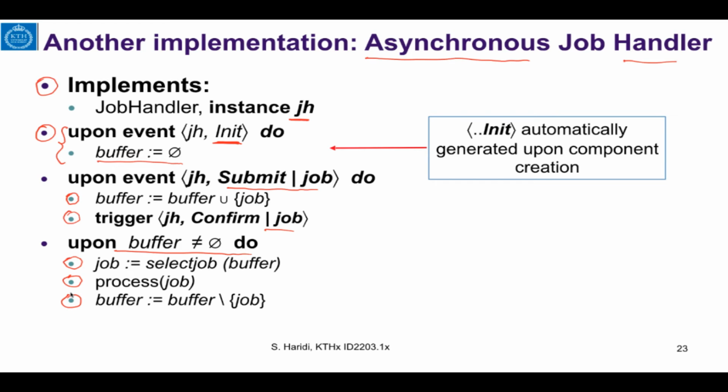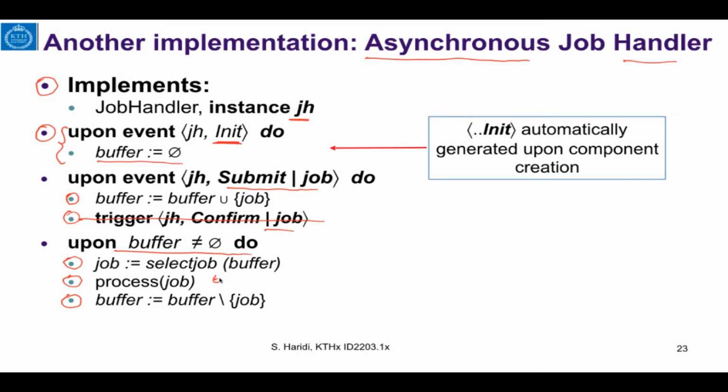So as you can see, this is another implementation. It still satisfies the specification. If you look at the sequence of events happening in the system, a submit, confirm, but the job is not processed immediately. It is processed later, asynchronously. Another possible implementation, which still satisfies the specification, is to delete the confirm triggering here, the output event, and actually do it only after the job is processed.